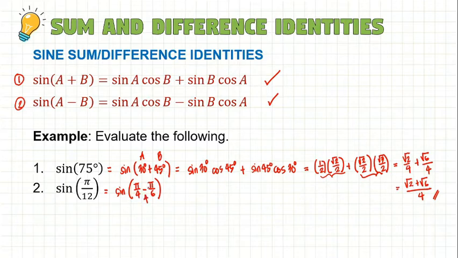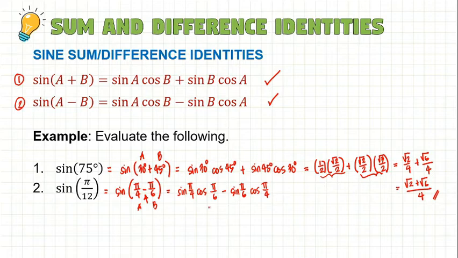From that, using the second formula, since we have here the difference of two angles, we will now have sine of A, our A here is pi over 4, cosine of B, our B is pi over 6, minus sine of B, which is sine of pi over 6, and cosine of A, which is pi over 4.